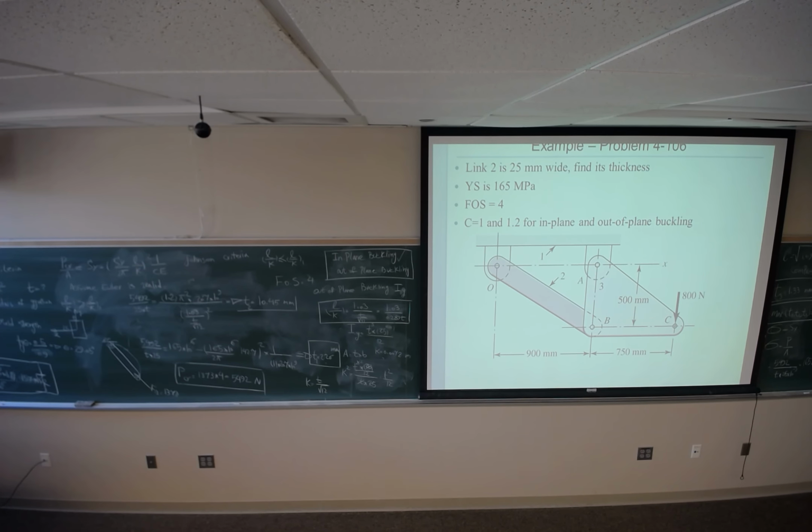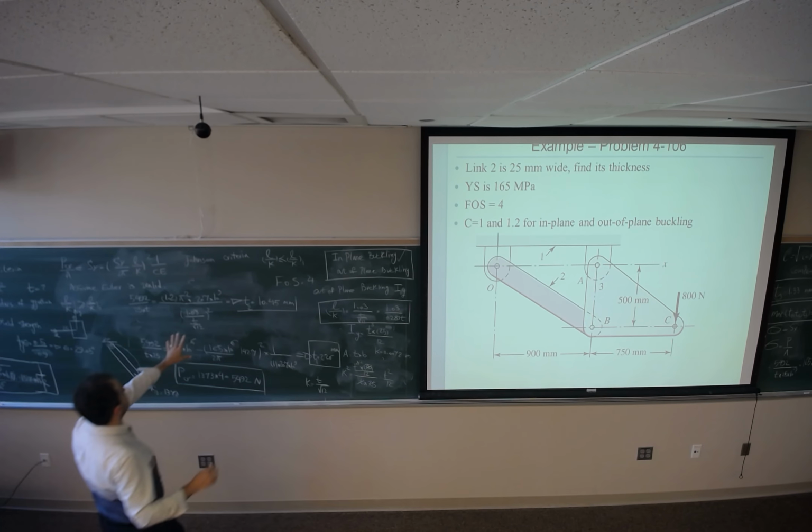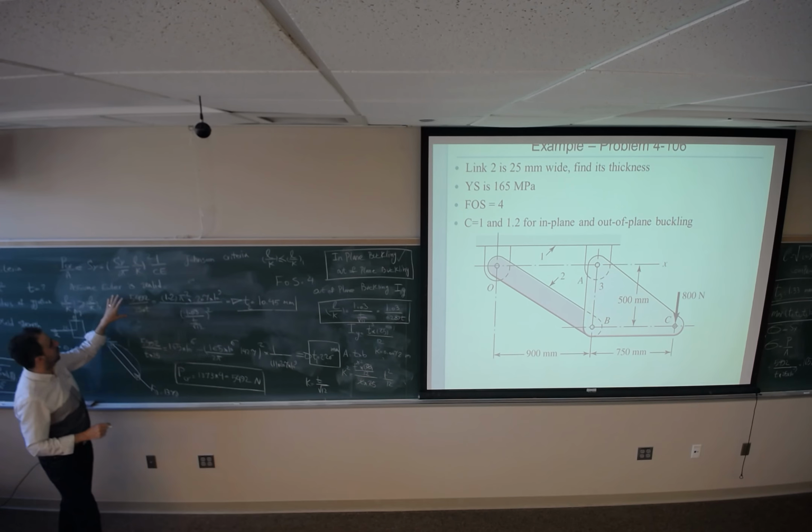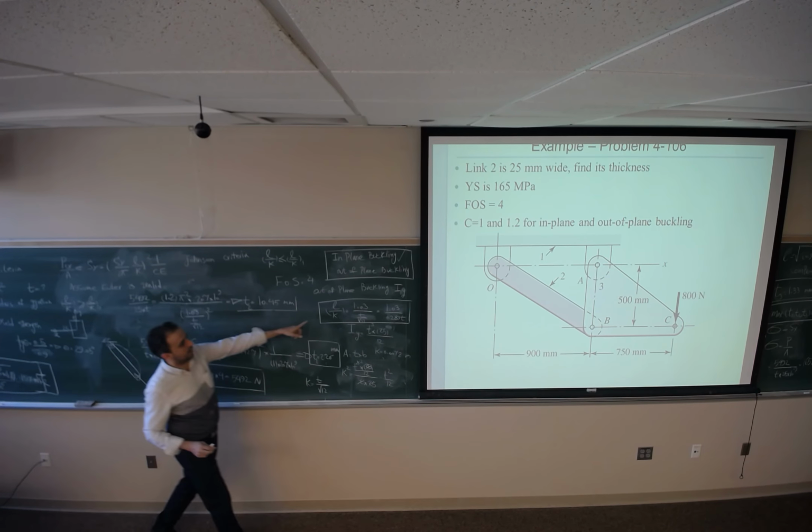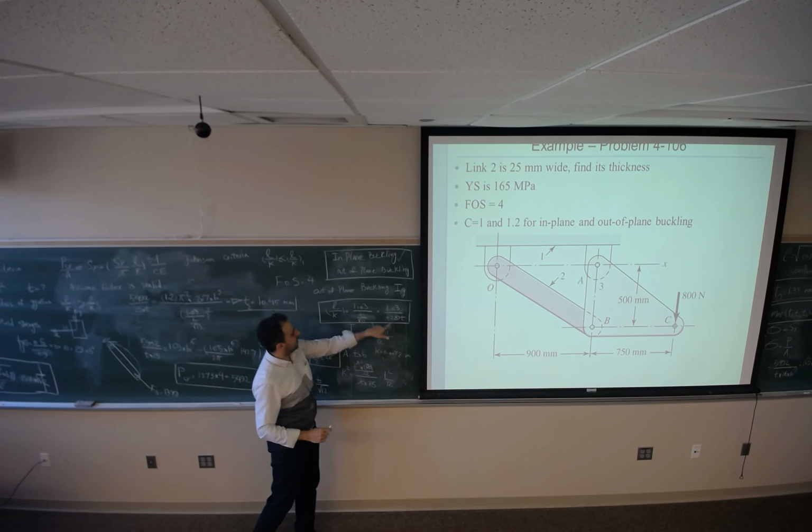So for the second one, the out of plane, we would just plug the T back in for L over K and then make sure that our assumption is valid. I forgot to say that I assume it's going to be Euler. Now I should find L over K and compare it to L over K1.